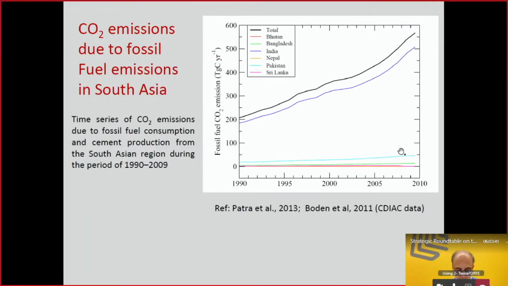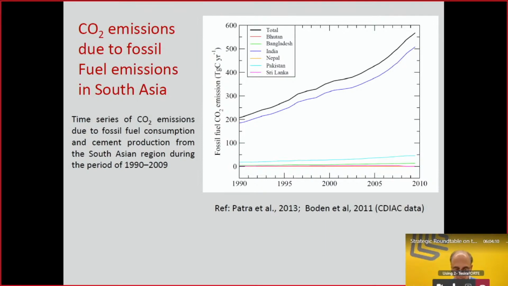Yeah, right. So I wanted to set the stage by showing this slide, which was published long back: CO2 emissions due to fossil fuel emissions in South Asia. This is the time series of CO2 emissions due to fossil fuel combustion and cement production from all the South Asian countries between 1990 and 2009, and a lot of changes must have come since.